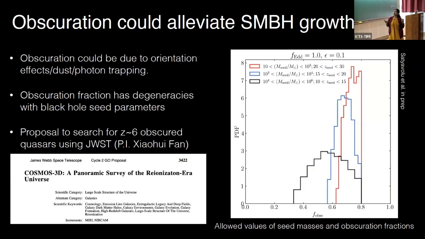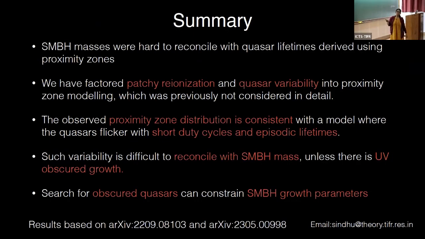And we've tried to do that by proposing a search for observing redshift 6 quasars using WST. And this is something that could also be done using LSST. In common terminology, these are type 2 AGN.